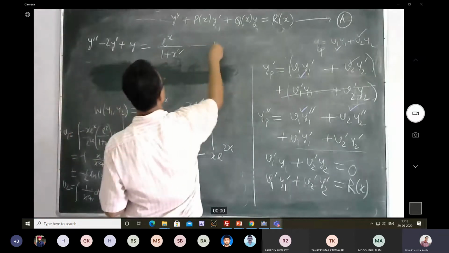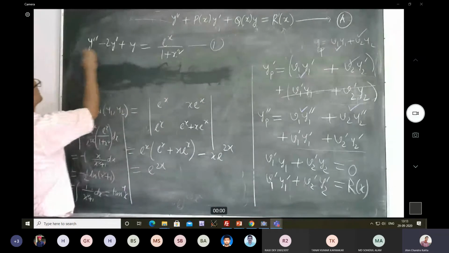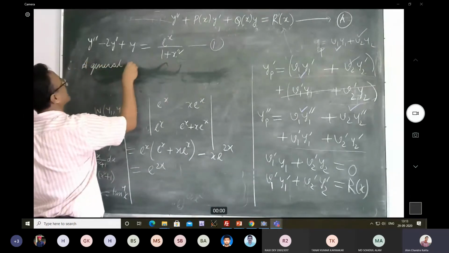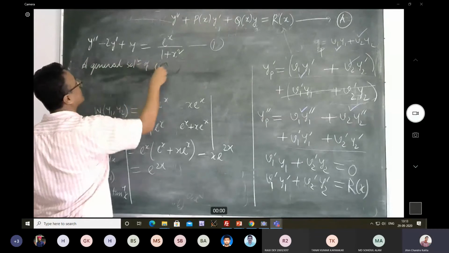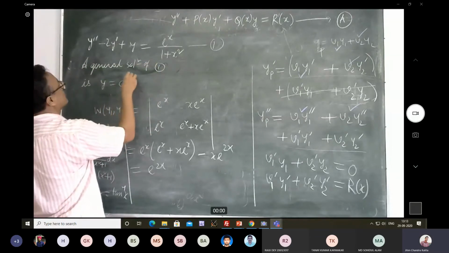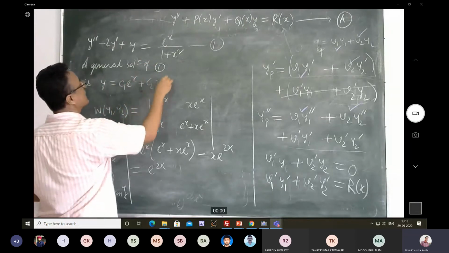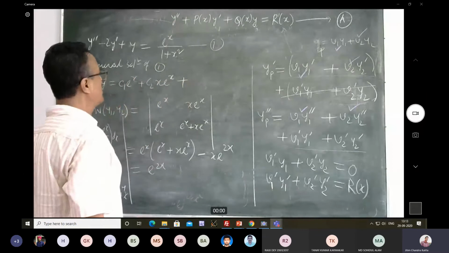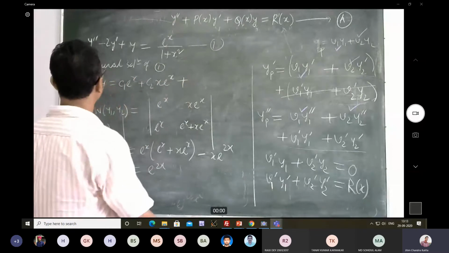So if I call this 1, therefore a general solution of 1 is y equal to c1 e to the power x plus c2 x e to the power x plus your v1 y1, right?